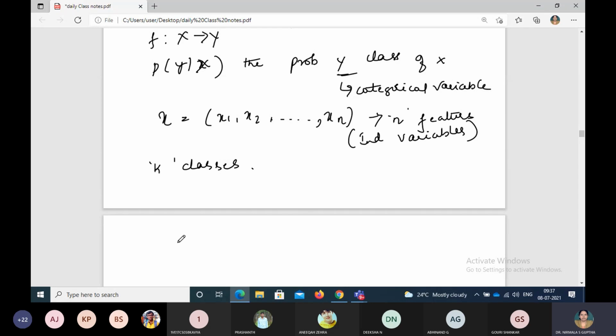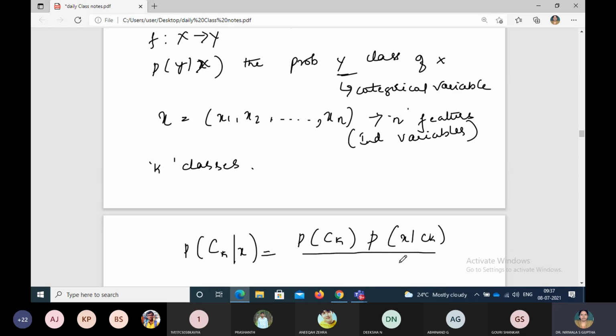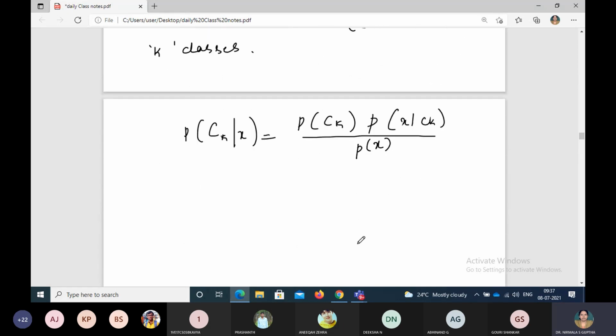This is shown mathematically by the equation: probability of Ck given x is equal to probability of Ck times probability of x given Ck, divided by probability of x. Now we need to understand what these terms are.